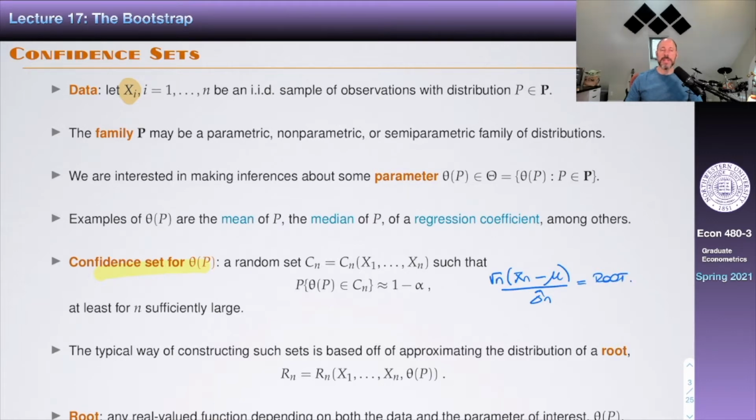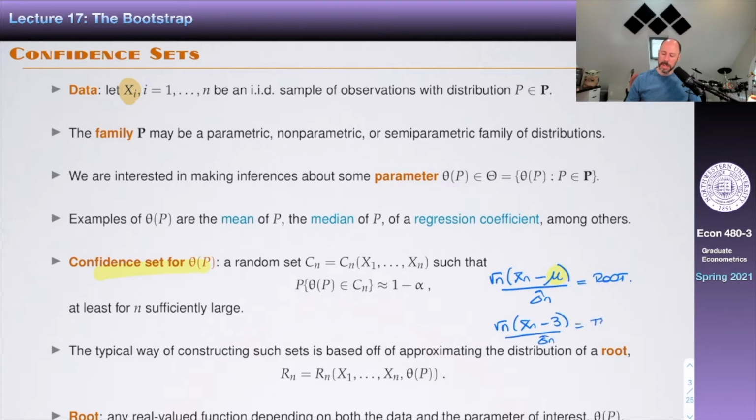Why? Because the root is not something that you can compute with your data, because it always depends on a parameter that you don't know. And in this case, that object would be mu. Whereas a test statistic is something that you can compute. So typically, suppose that you're testing that the mean is equal to 3, you would do this.